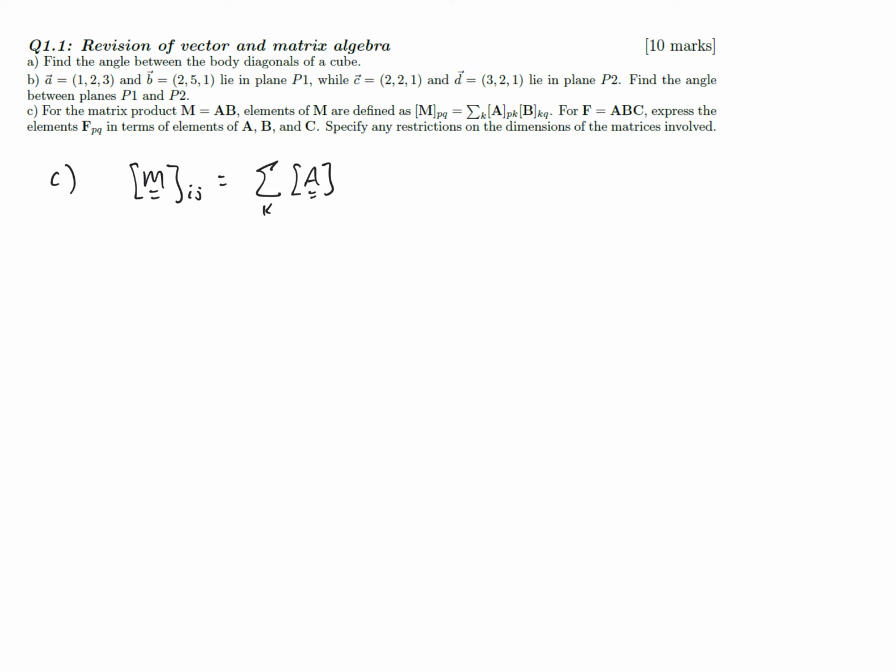is that I take the ith row of A and multiply it by the jth column of B, and I sum over all of the components of those rows and columns.